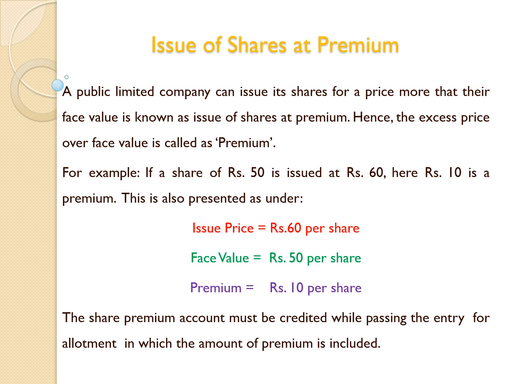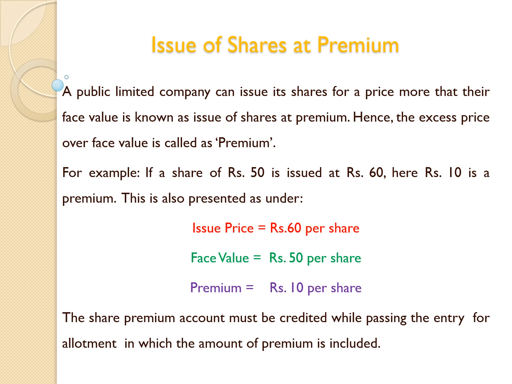Here issue price is rupees 60 per share, but the actual face value of that share is rupees 50. It means that a share of rupees 50 is issued for rupees 60. So here the extra rupees 10 is termed as premium.